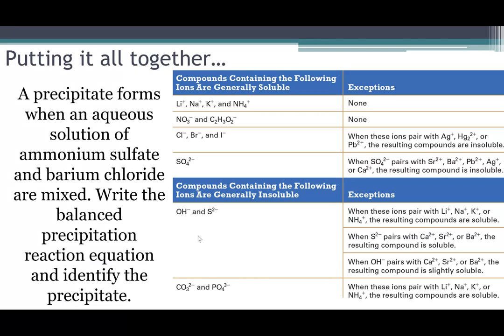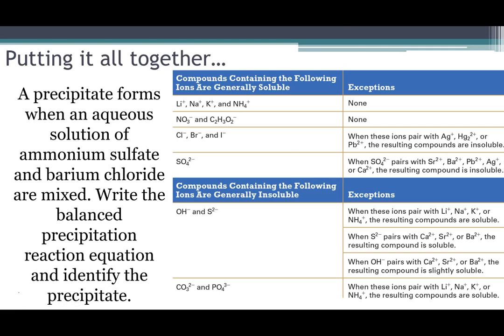Okay, so let's work through this one together. There's a lot of steps here. So that word precipitate is going to be your indication that this is a precipitation reaction. That's going to be kind of the word that I use to clue you in, like, hey, you need to start thinking about this type of reaction. So a precipitate forms when ammonium sulfate and barium chloride are mixed.